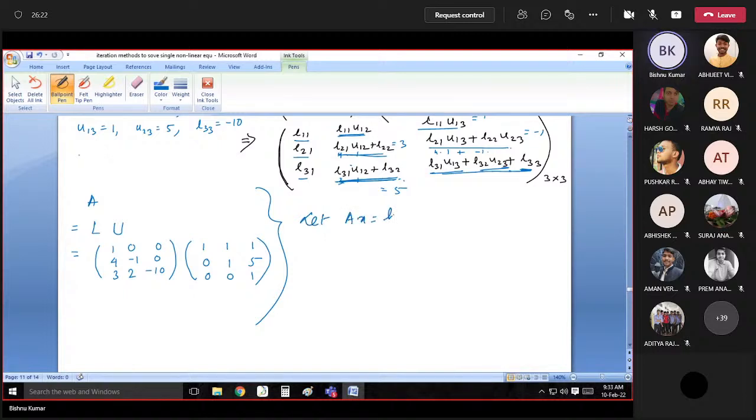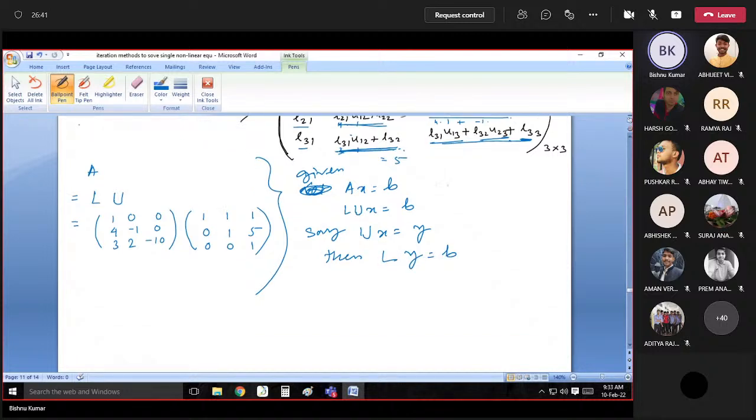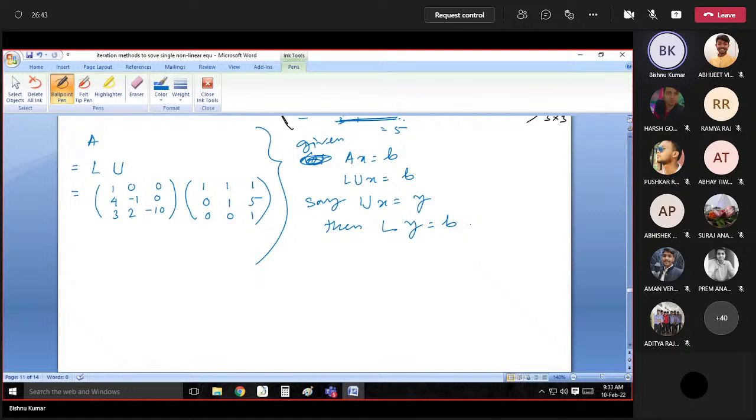AX equals B, LUX equals B. This is not 'let', it is actually given. Say UX equals Y, then LY equals B. So you just calculate all Y from here and substitute here.